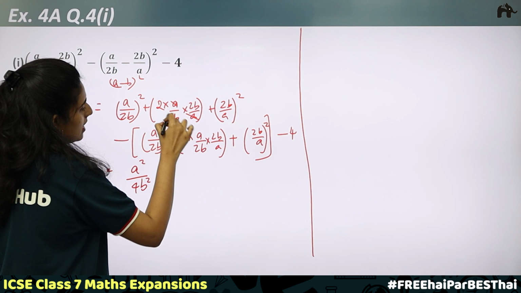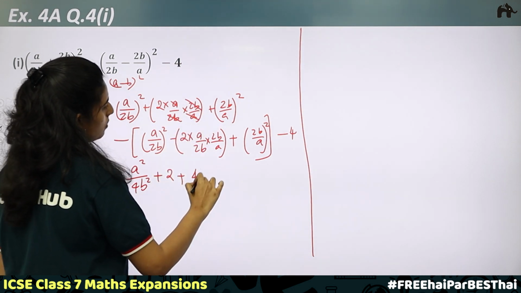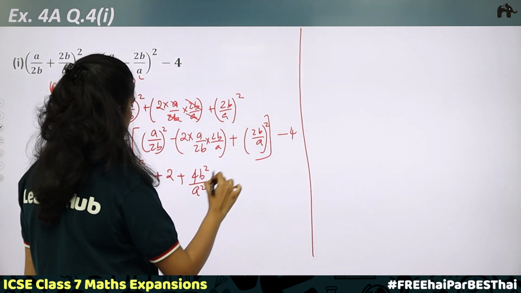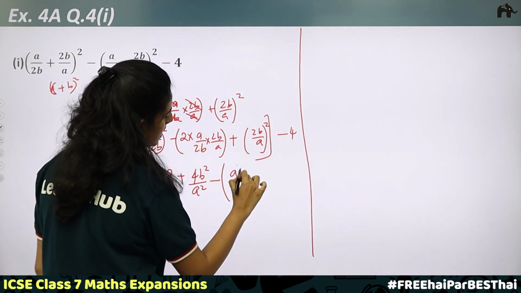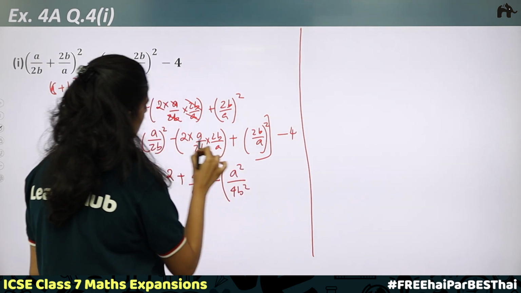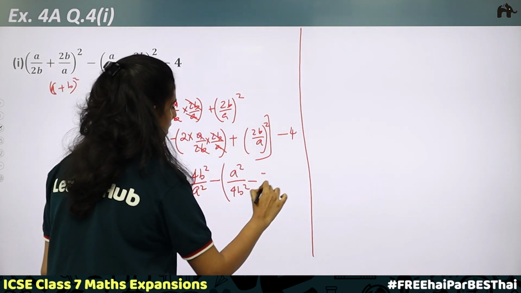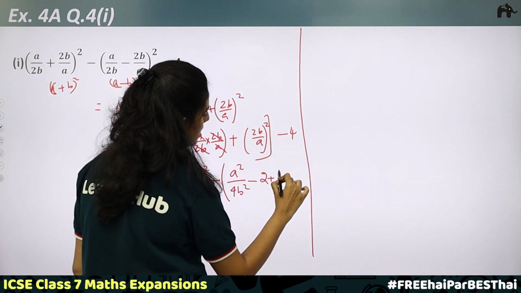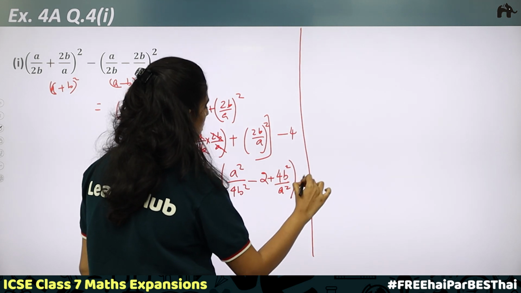So, this is equal to A by 2B whole square is A square by 4B square. So, A gets cancelled, 2B gets cancelled. Then we have plus 2 plus 4B square by A square minus. Here A by 2B whole square is again A square by 4B square minus, A, 2B gets cancelled, minus 2 plus 2B by A whole square is 4B square by A square minus 4.